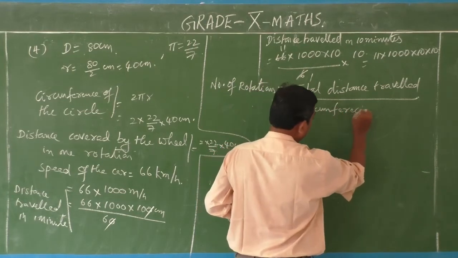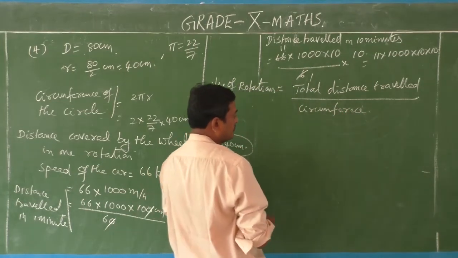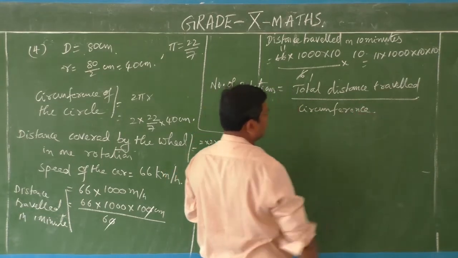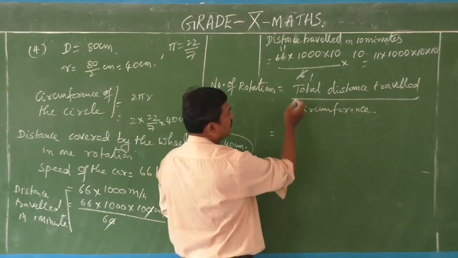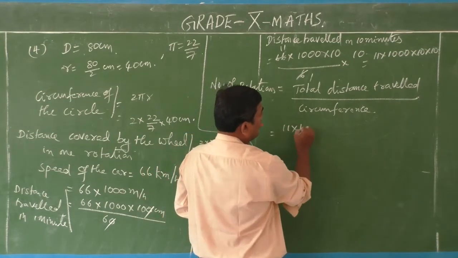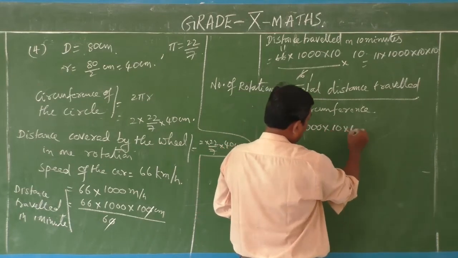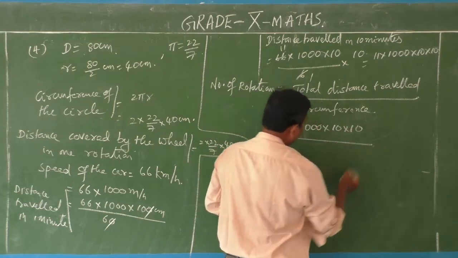That equals total distance, 11 into 1000 into 10 into 10, by circumference.